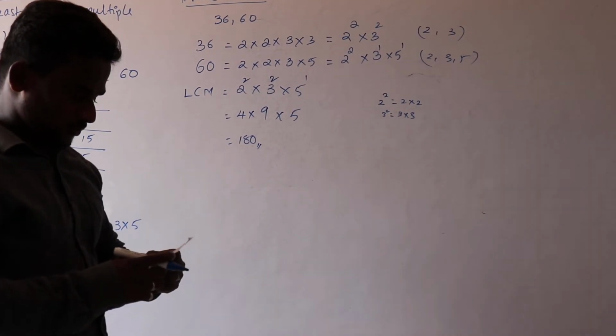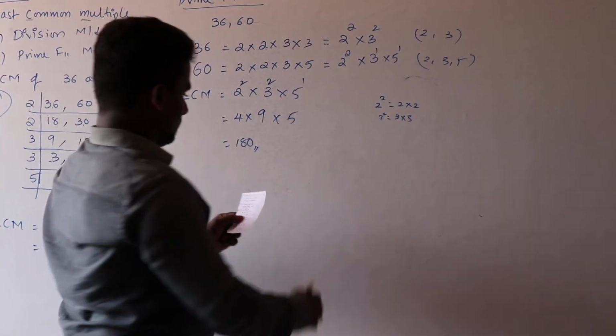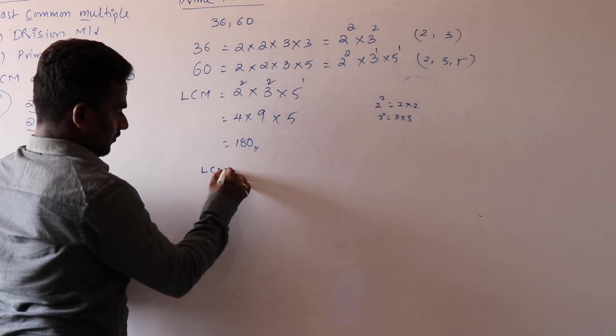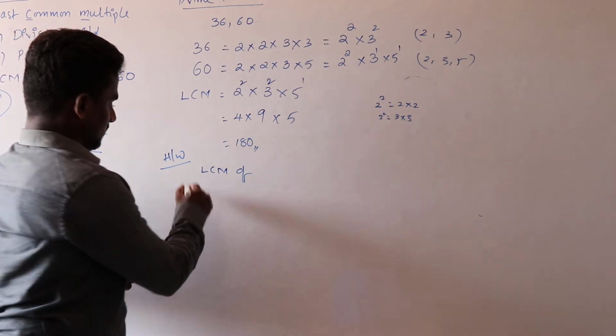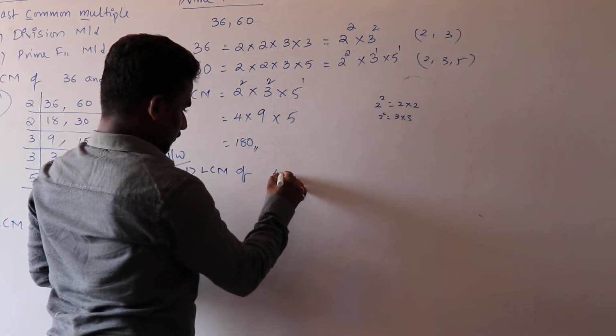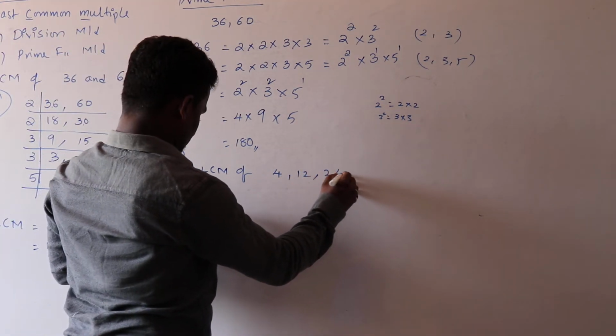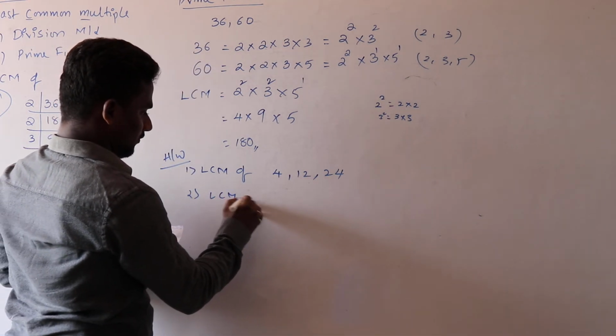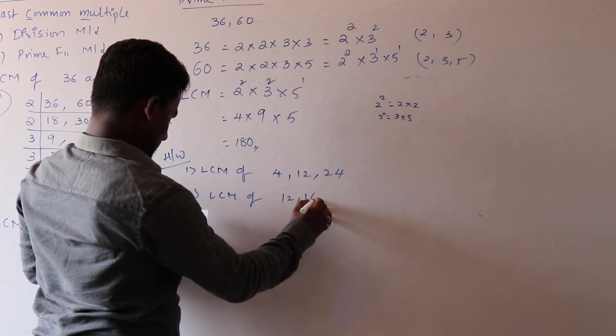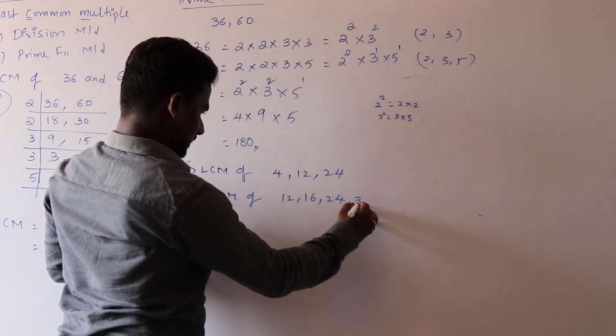Now I will give some questions for homework. LCM of first one, 4, 12, 24. Next, LCM of 12, 16, 24, 36.